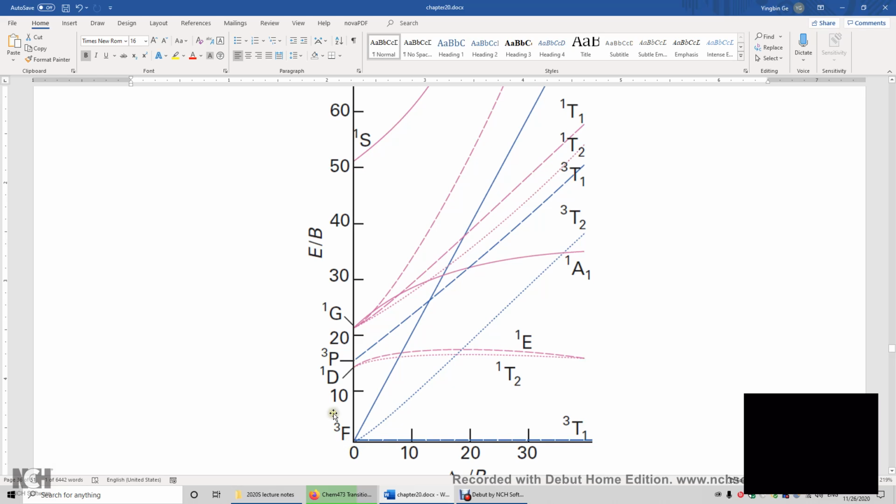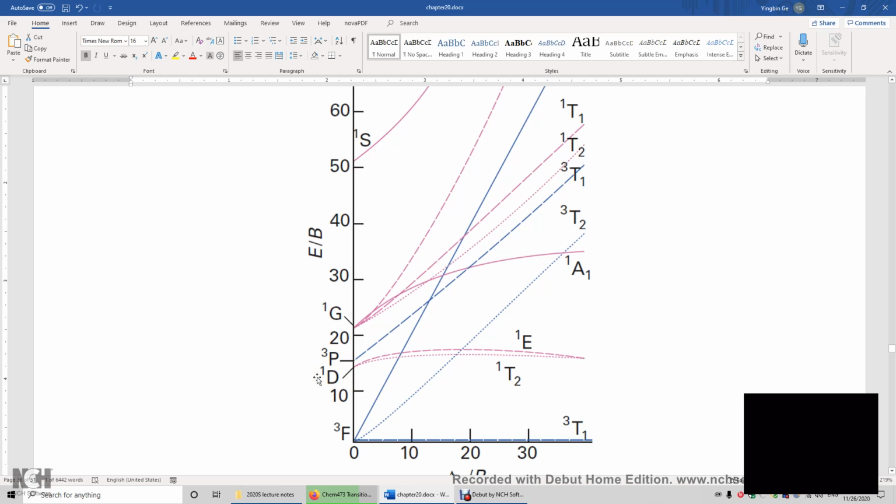And then if you look at this 3P, it has higher energy than 3F. How much higher? 15B higher than 3F. So now you look at this energy in terms of the numbers of B's. So this is 15.